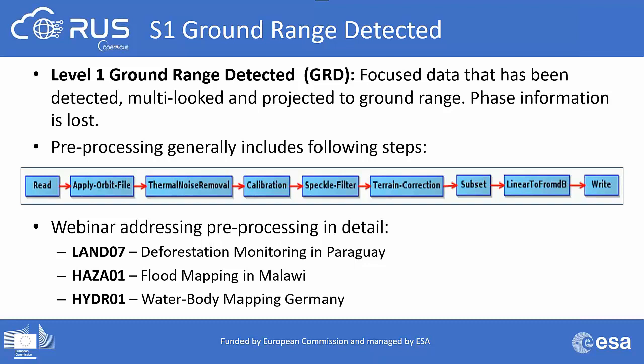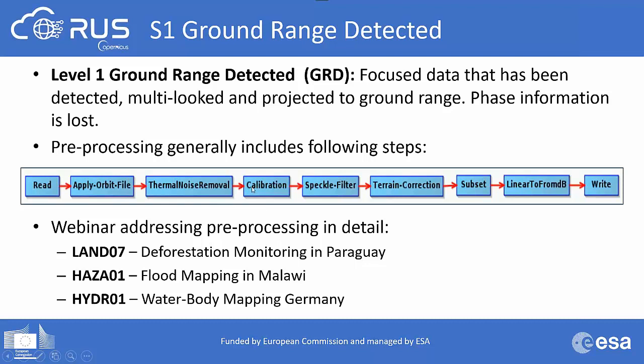So I will still show you the graph, but I will not go into too many details. If you do miss this information, you can see our previous webinars, for example, the deforestation monitoring in Paraguay with Sentinel-1, or flood mapping in Malawi with Sentinel-1, or water body mapping in Germany. All of these include exactly the same chain, or almost exactly the same chain of processing, with reasoning and with information about each of these operators.